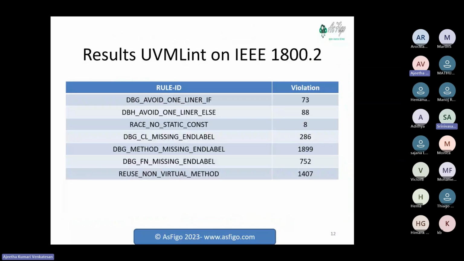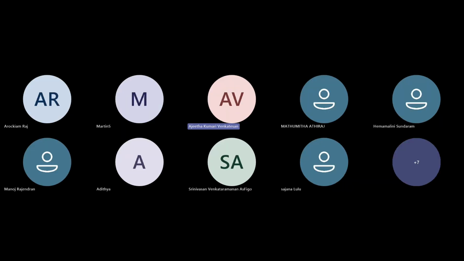The debug method missing end label. There's a lag. Sorry? There's a latency on the slides. You don't see the UVM lint core rules yet. Can you please check? Is there a problem? Not from the BYOL platform. Okay, let me stop sharing and then share again. That may sometimes solve that issue.